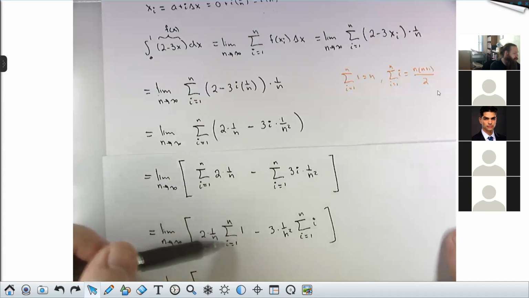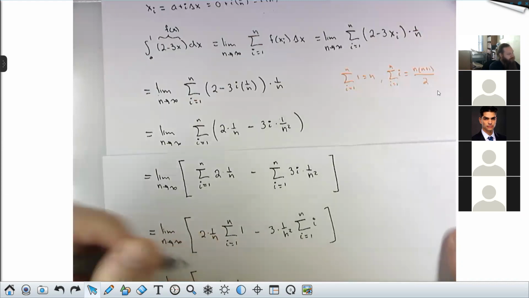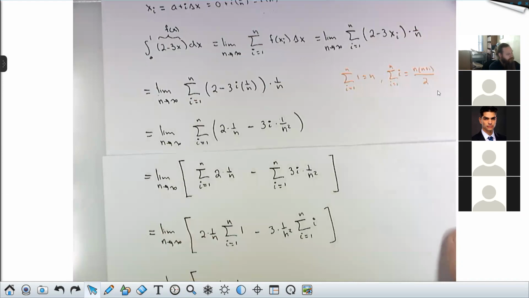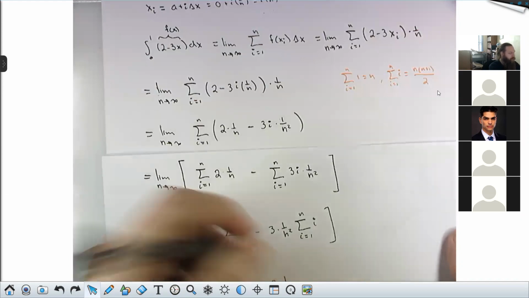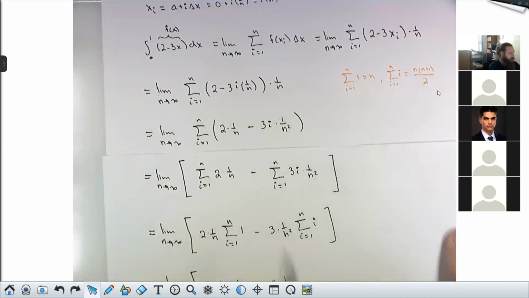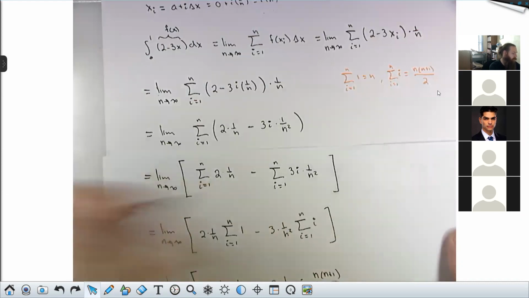So the sum from i equals 1 to n of 1, that's n. So this is 2 times 1 over n times n. And then I have here minus 3 times 1 over n squared. The sum from i equals 1 to n of i is n times n plus 1 over 2.